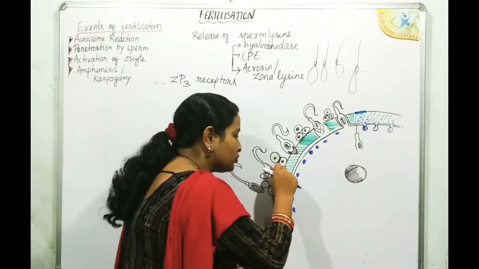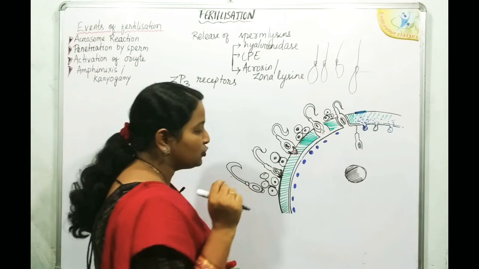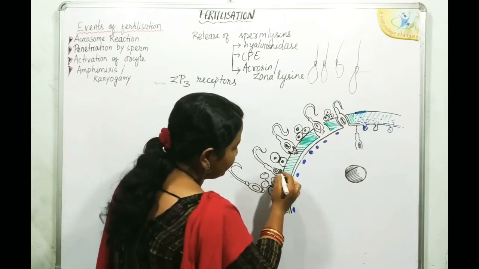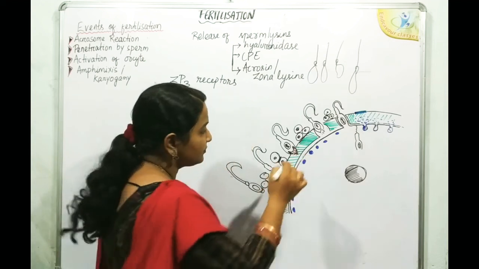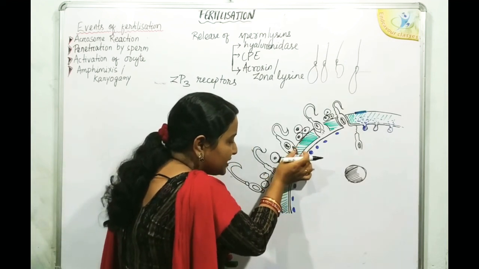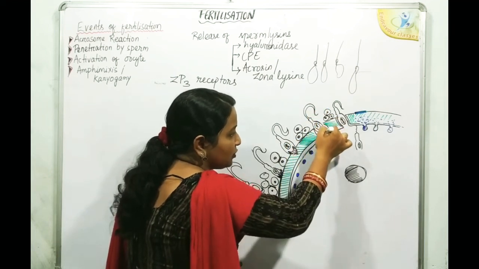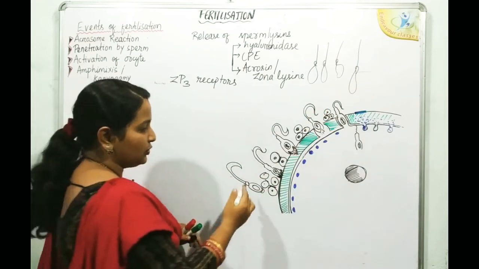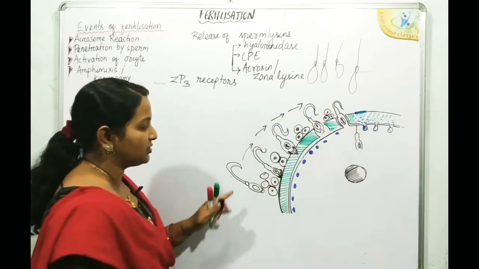And certain structural modifications occur over the sperm head as well as the zona pellucida. And finally, the acrosomal contents are released and the zona pellucida is digested, and the sperm reaches the surface of the vitelline membrane.